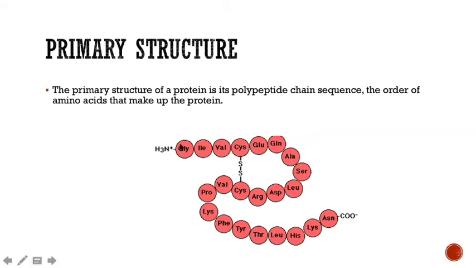They will always start at the N terminus, which is the side with a free amino group, and they will end at the free carboxyl group here. So this one started here and was synthesized all the way to the end. That's just the primary structure, just the sequence of the amino acids that make up the protein.